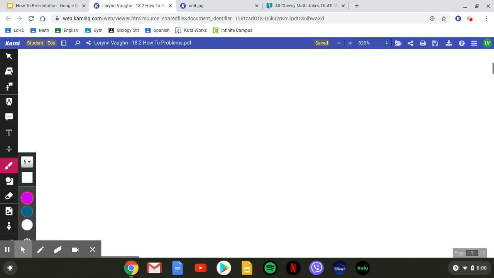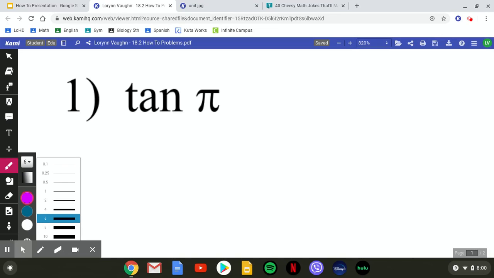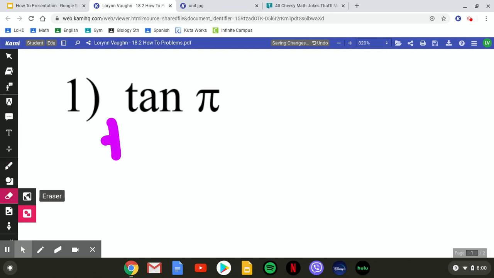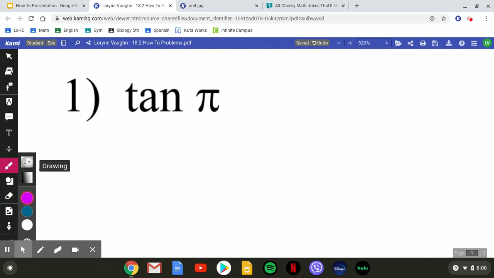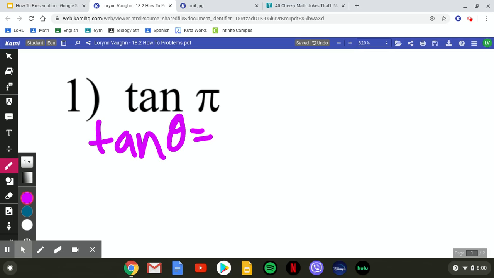We're going to explain 3 problems with you. Alrighty, load it up here. Your tangent of theta is equal to y over x.